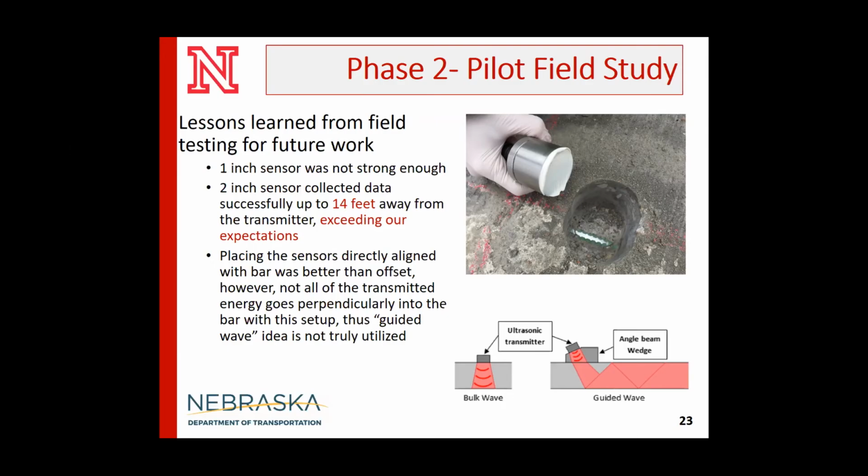But the attachment of the sensor to the bar does present a problem. We're coming perpendicular to the bar, and most of that energy is lost already, so we can't fully utilize that guided wave idea. So in the current phase 3, we're working with different attachments.